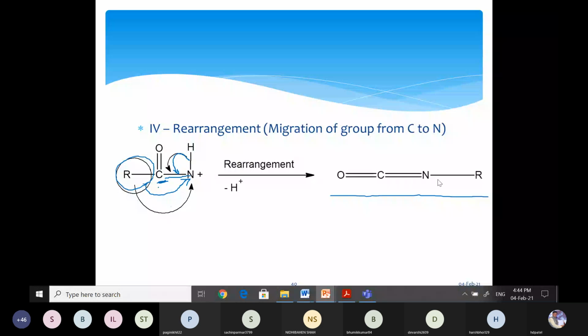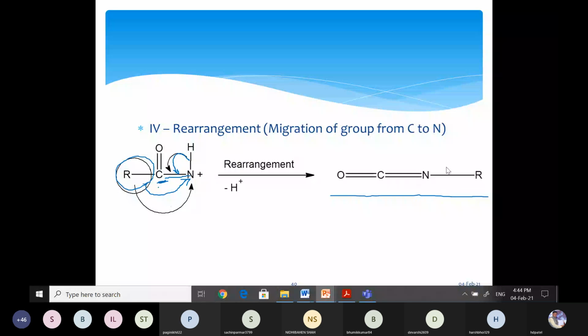When it attaches with the nitrogen, at the same time the carbon becomes deficient. So carbon will pull electron from the nitrogen, and nitrogen will pull electron from the hydrogen, and ultimately deprotonation will take place, and we will get the product RN=C=O, that is called isocyanate.